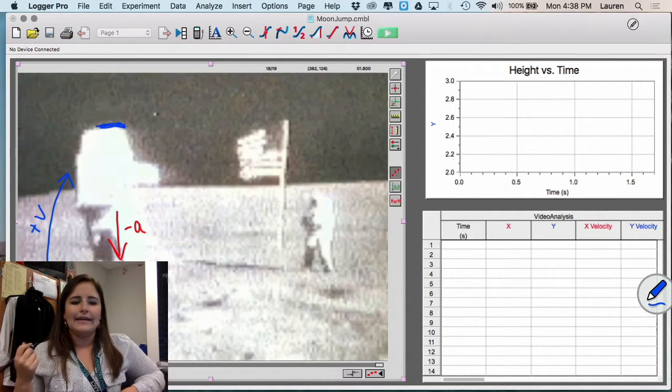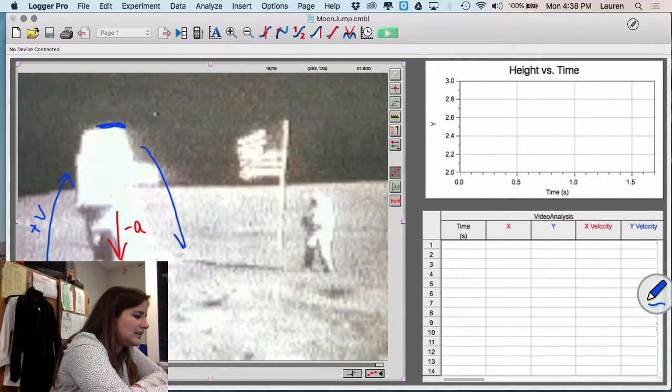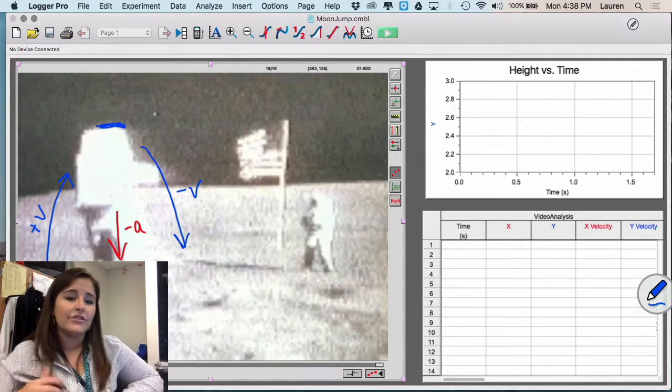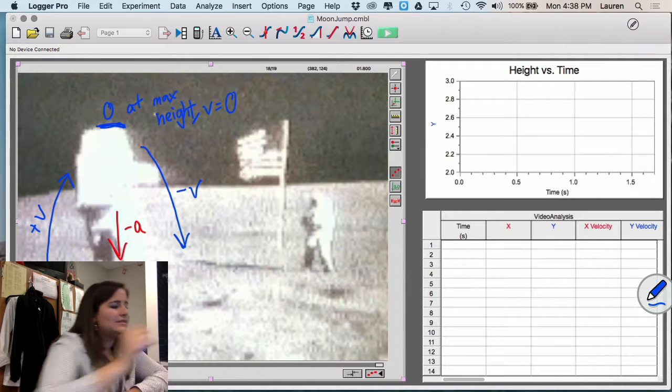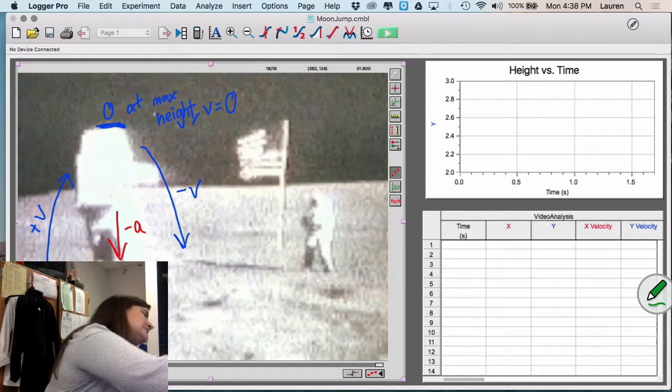When he is at his max height, that's when he changes from having a positive velocity to a negative velocity. When you go from positive to negative, you have to go through zero. So at his max height, velocity equals 0. So on the way up, he is slowing down.